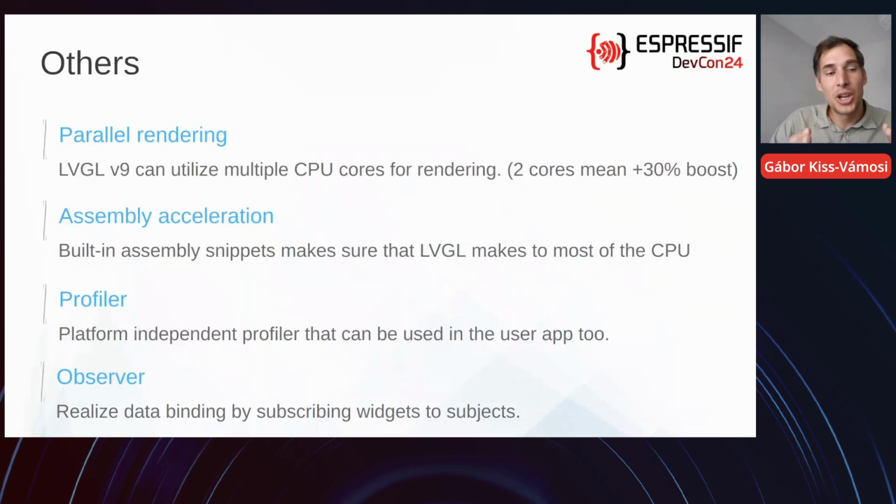For example, the value in this user count subject that I have just mentioned can be set by the application. So you don't have to create large API functions to set the user count. You just need to document what subjects you have, and the application can set or read the current value from there. And the UI and the other parts of the application will be notified accordingly.